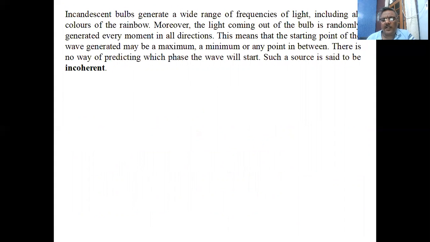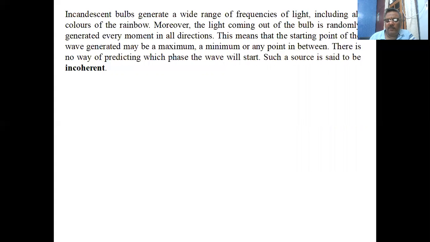Since I talked about interference with monochromatic or coherent sources, why can't light from a bulb be coherent? Since bulbs emit radiations of a wide range of frequencies, including all the colors, and the light coming from the bulb is randomly generated in all directions.